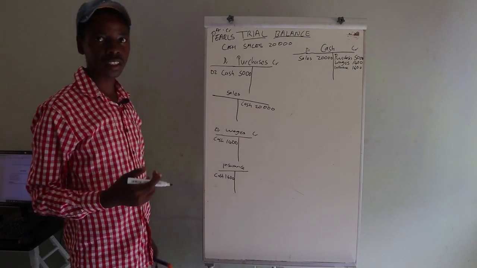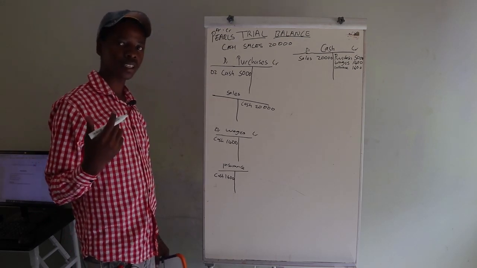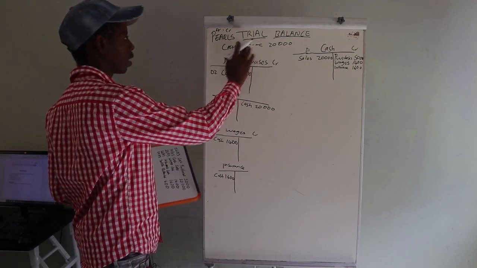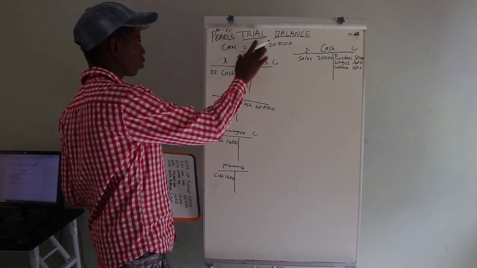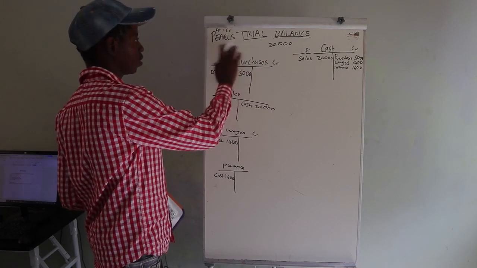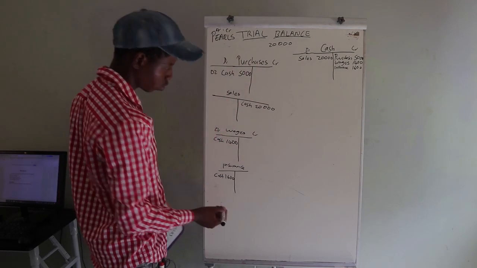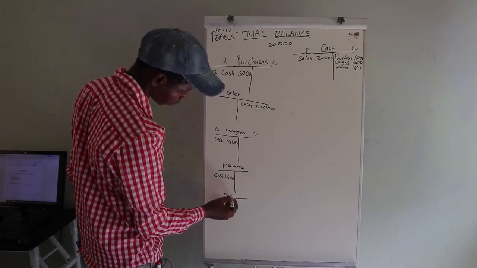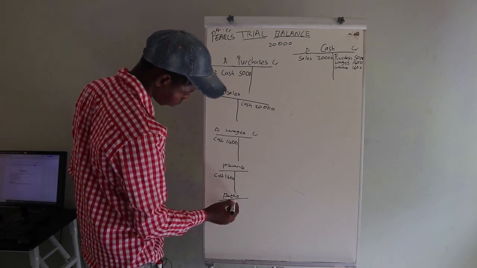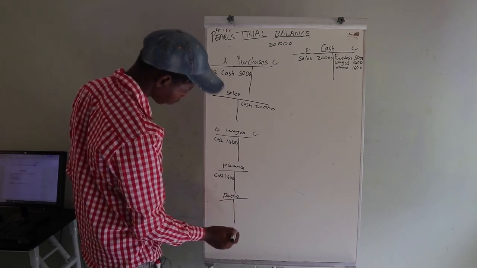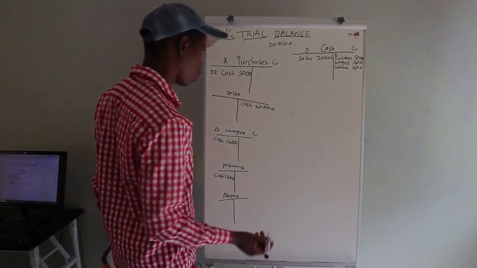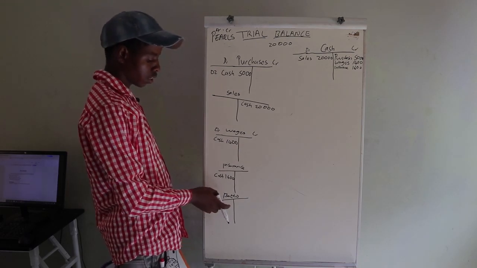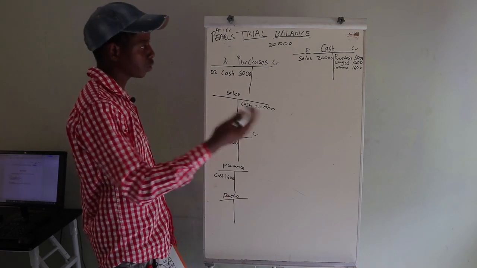Now we continue again. The last transaction says settle BAT by cash, right? So it means that we are going to open account for BAT and cash, right? So let's do BAT here. And then what happened to cash? Cash is being reduced, right? So we were paying someone, so the cash is being reduced, right?